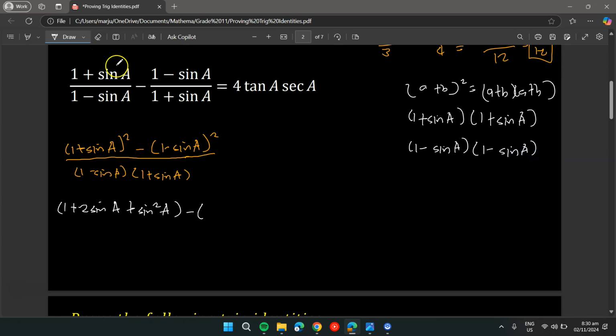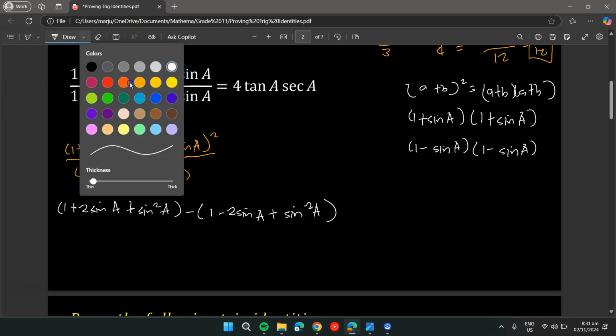So I will have 1 minus 2 sine of a, and then plus sine squared of a, since negative times negative is positive. Alright, that will be my numerator.